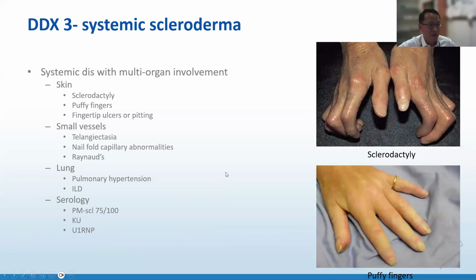And then the next entity is systemic scleroderma. So this is a systemic disease that most characteristic finding are the sclerodactyly. So that's the tightening of the skin from the tip and more proximally. But in the earlier stage, it may mimic dermatomyositis or other inflammatory myositis. They have this kind of puffy fingers.